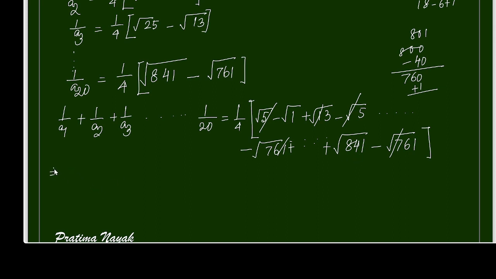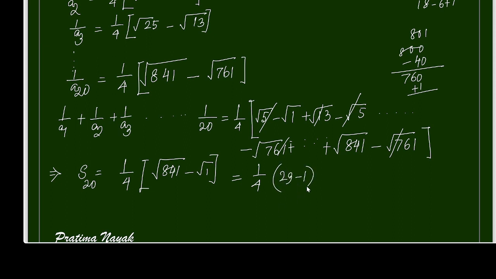So the sum will be S20 is equal to 1 by 4 square root of 841, which is 29, minus square root of 1, which is 1. So this will be 1 by 4, 29 minus 1. So 1 by 4 into 28, it is 7.